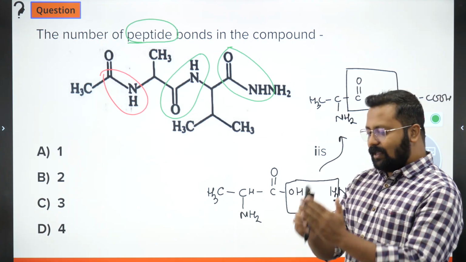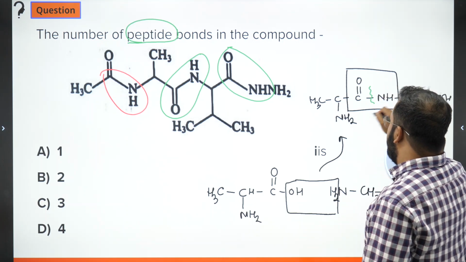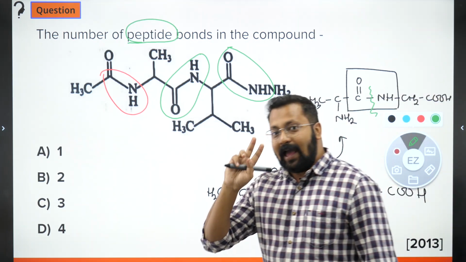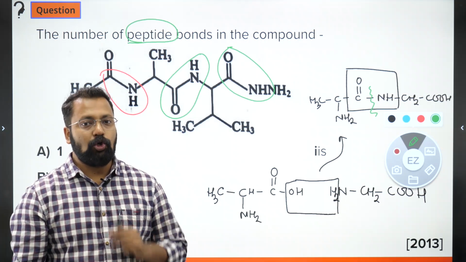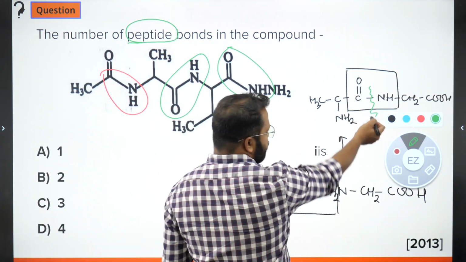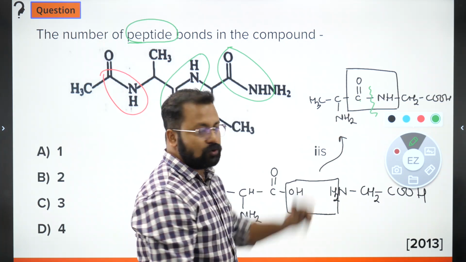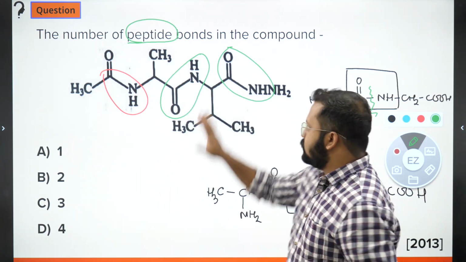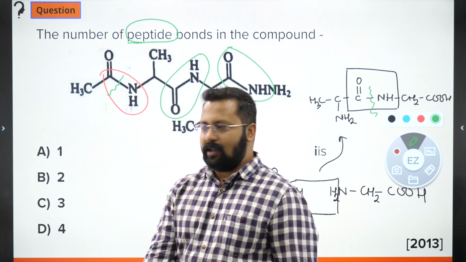So if a peptide linkage is broken, let's say I break this peptide linkage, I should get 2 amino acids. If I break one peptide linkage, I should get 2 amino acids. So when I break this, this will change into COOH and this will change into NH2. So assume that मैंने इस molecule में इस bond को break कर दिया, ठीक है.